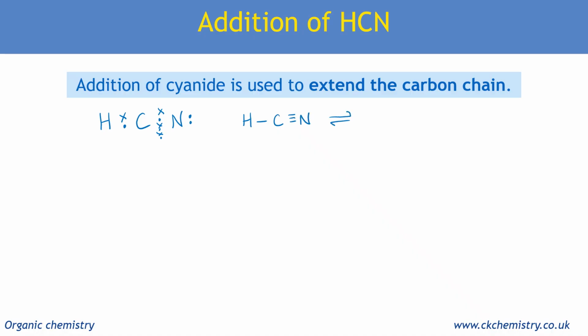It's actually a weak acid, so it splits up into H+ and CN-. In the previous reaction we had H- and then we added H+. In the addition of HCN, we're going to add CN- first to the carbon, and then add H+ afterwards onto the oxygen. This ion is called the cyanide ion.